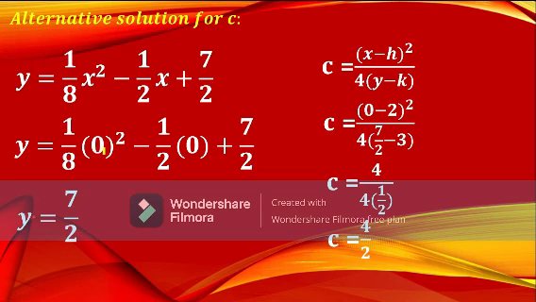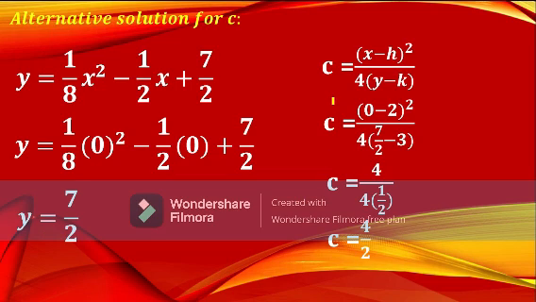So 1/8 times 0 squared minus 1/2 times 0 plus 7 over 2. So this will be 0, and negative 1/2 times 0 is 0. So y will be 7 over 2. Okay. So if x is 0, y is 7 over 2.